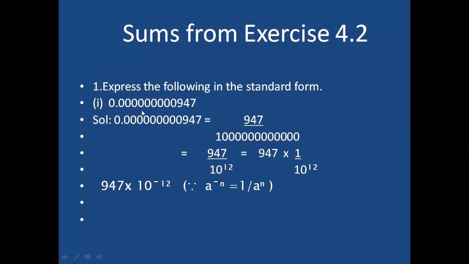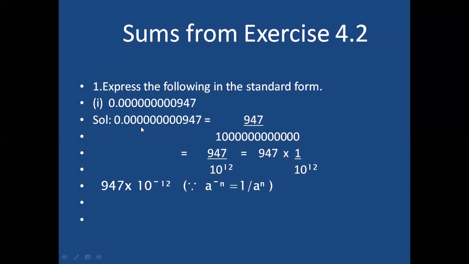In counting and reading you may miss one or two zeros, or counting is also very difficult. If you convert this into a standard form, the reading will be very easy and you can easily identify the number.